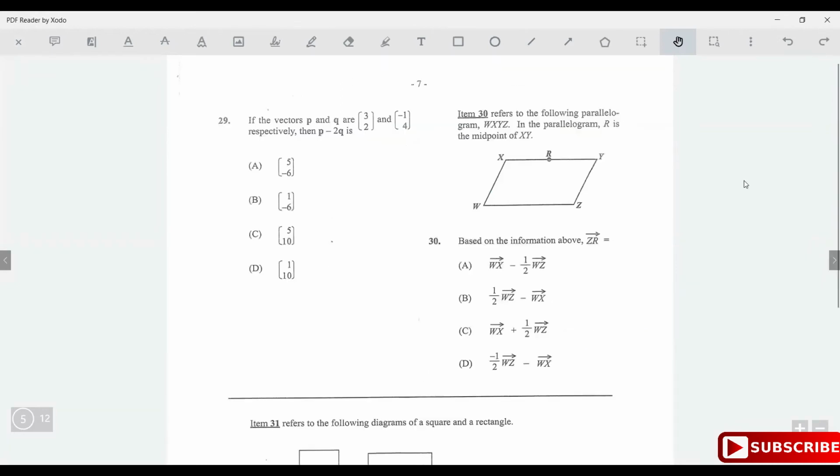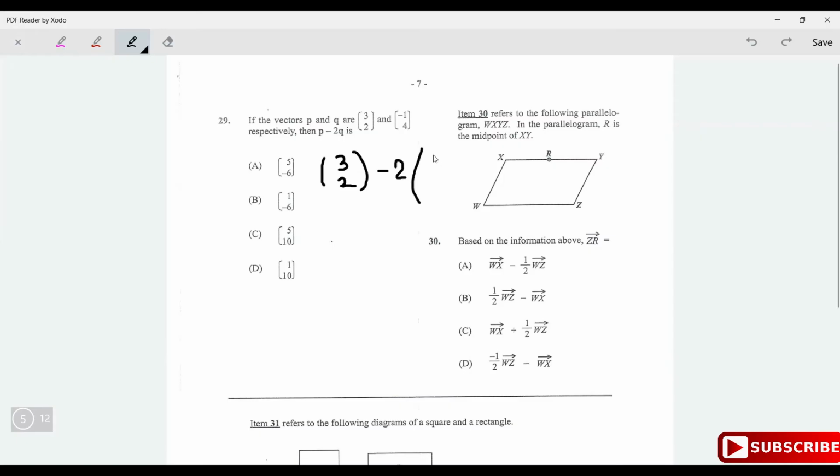All right, question 29. If the vectors P and Q are this, what is vector P minus vector 2Q? So vector P is (3, 2), and so it's (3, 2) minus 2 times Q, which is (minus 1, 4).